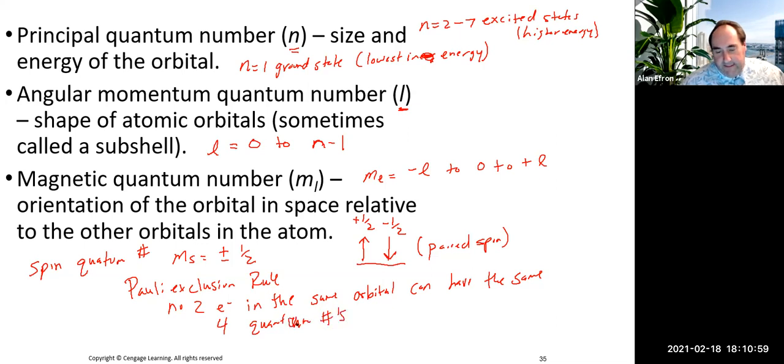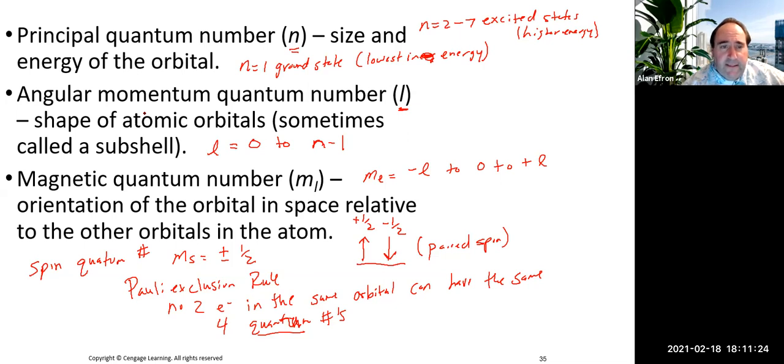So it really is the spin quantum number that helps us get around that, so they don't have the same 4 quantum numbers. Because one would have minus a half for spin and one would have plus a half for spin. And again, we'll get into that in just a second, and hopefully it will make more sense.